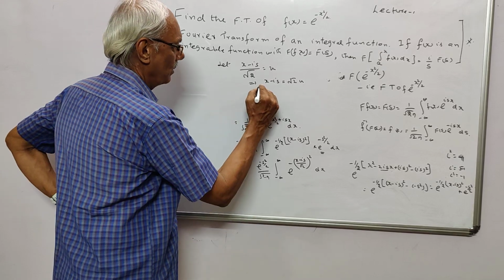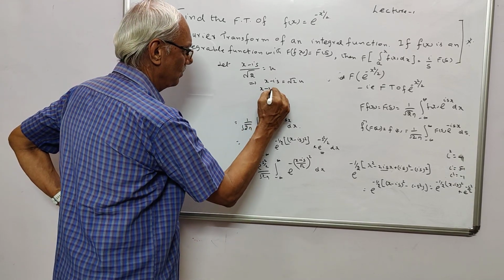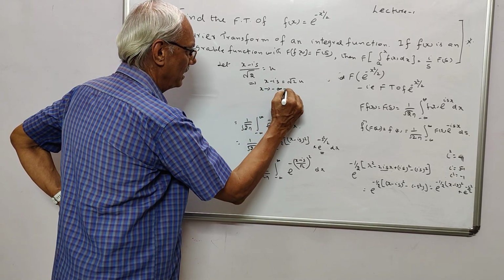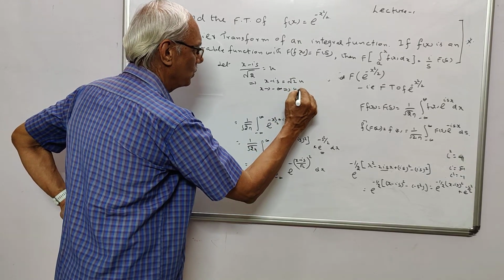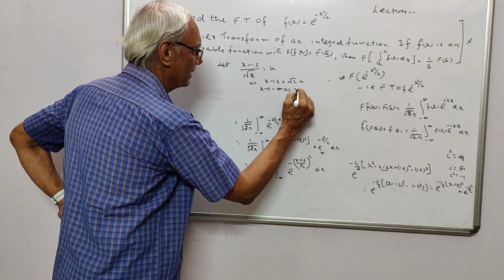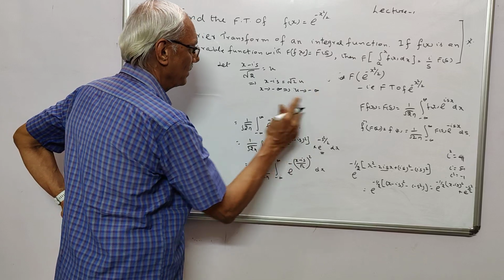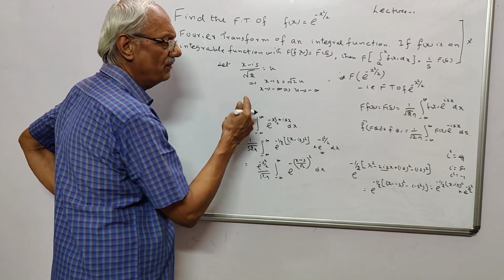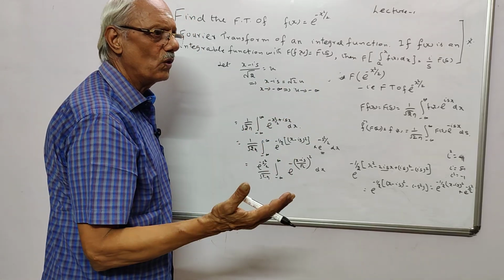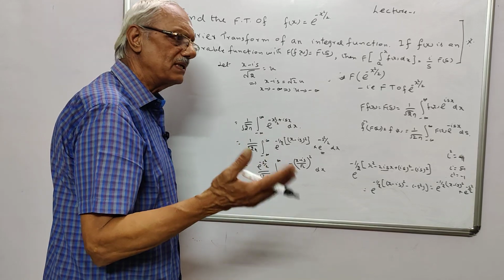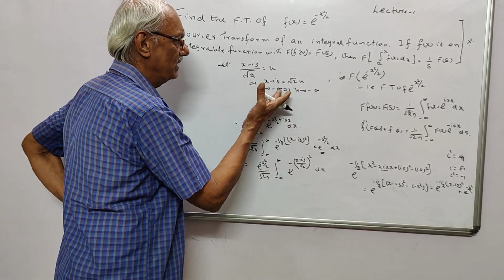Okay. Now x tending to minus infinity implies u also tends to minus infinity. See, whether you add any quantity to minus infinity, that will be minus infinity only.